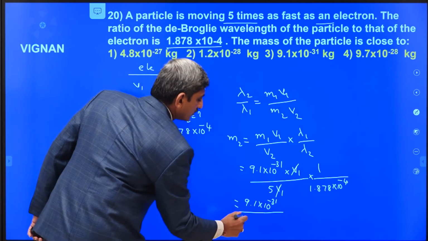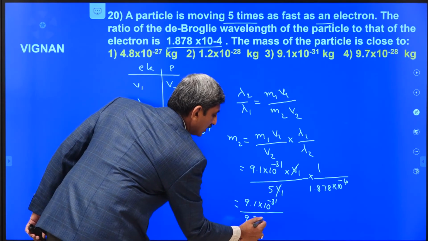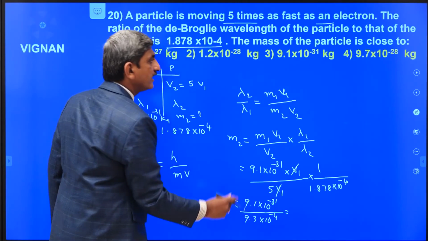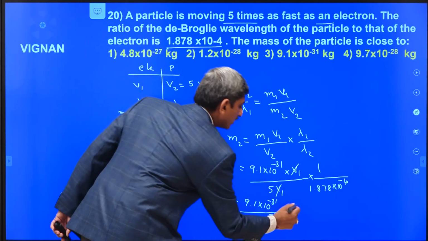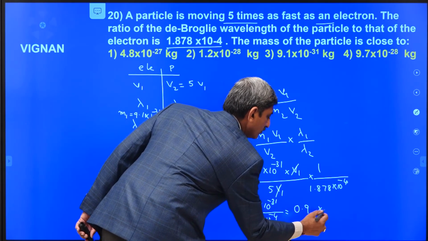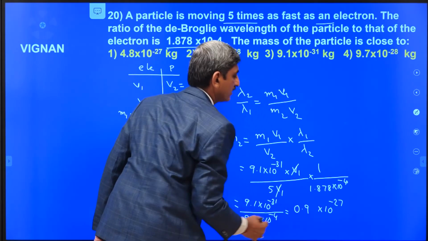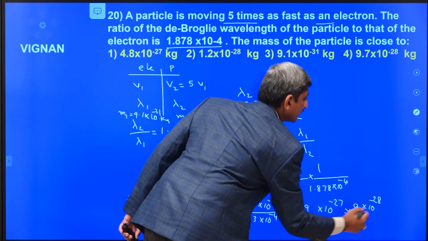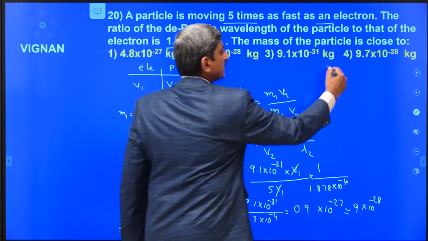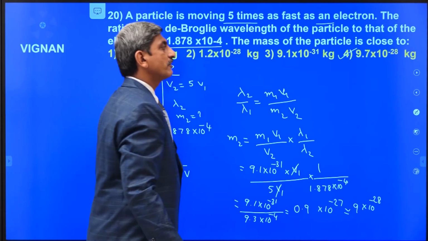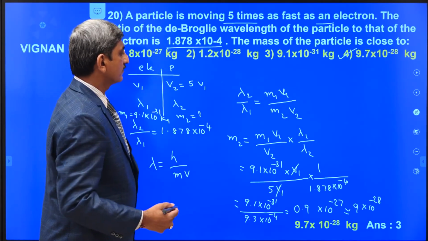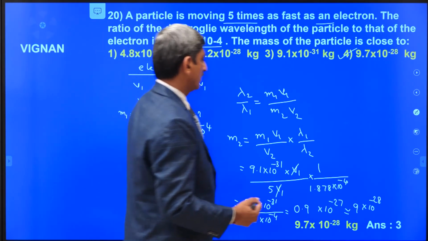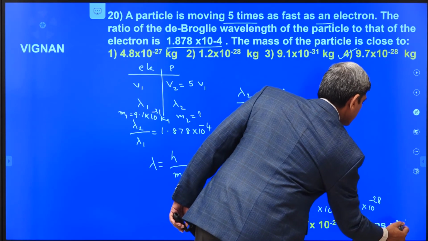This is nearly equal to 9.3 something into 10 to the power of minus 4. So 9.1 divided by 9.3 must be less than 1, that is nearer to 0.9 something into 10 to the power of minus 27, which is nearly equal to 9 into 10 to the power of minus 28. So the exact answer is 9.7 into 10 to the power of minus 28 kg. So your answer is 4.